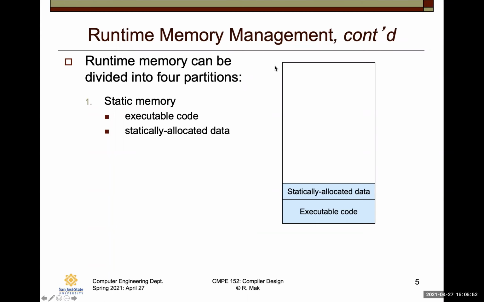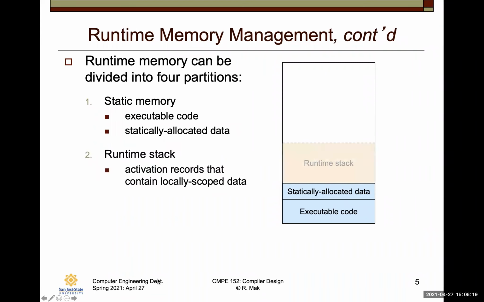This is sounding like my operating systems class, but okay. At one end of your memory will be all the static stuff: all the executable code. The code itself presumably doesn't change, and any statically allocated data. So these could be like constants and whatnot. That's at one end of your memory.